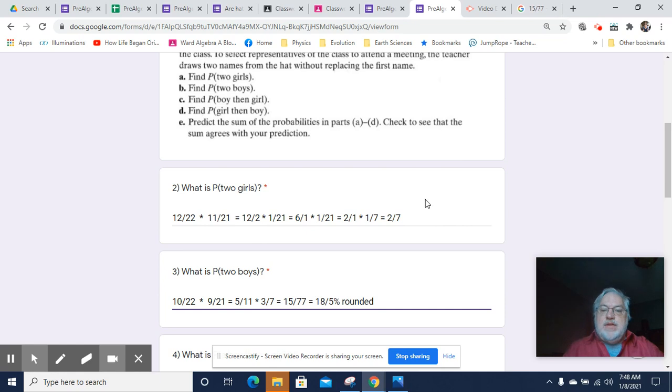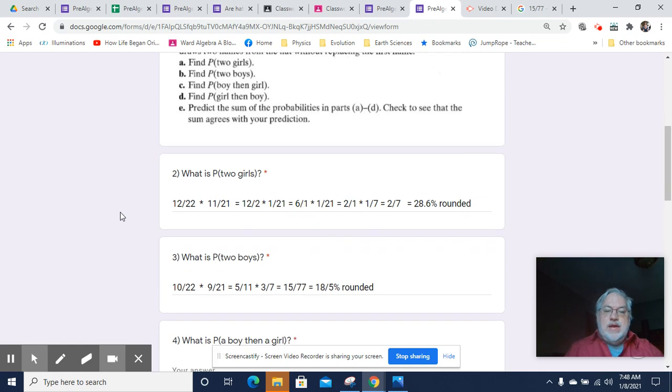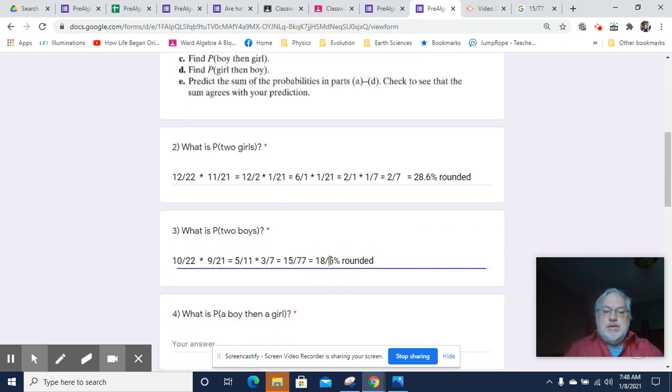And 2/7 is going to be about, because 2/7 is 0.285, so I'm sorry, that's actually 28.6% rounded. Oh, that's not a decimal. That should be a decimal.